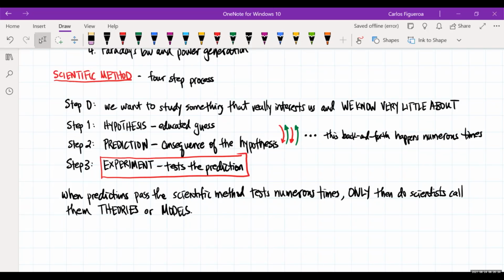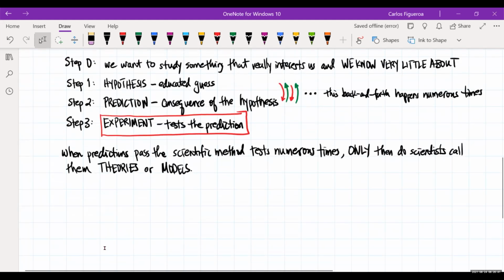So what I want to do here is show you what I typically do to try to explain the scientific method. So what I would do here is give a class demonstration.